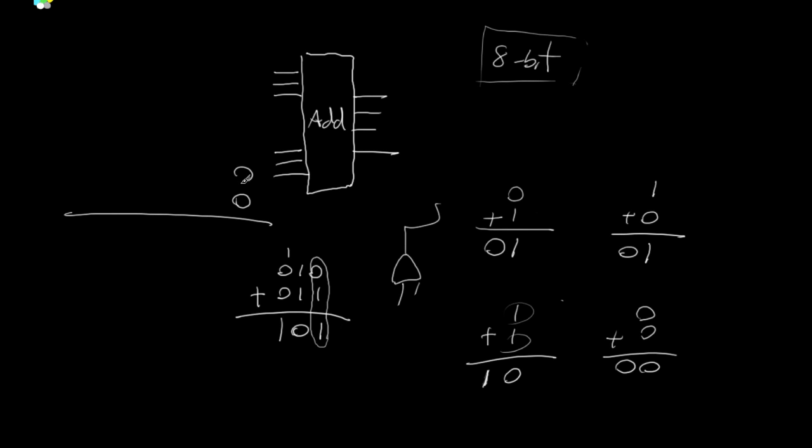When you're adding multi-digit binary numbers, you're going to have a situation like this, where you add these two together, 0 and 1 carry. So now if we're going to be doing these additions in parallel, this adder has to add 3 binary digits together.